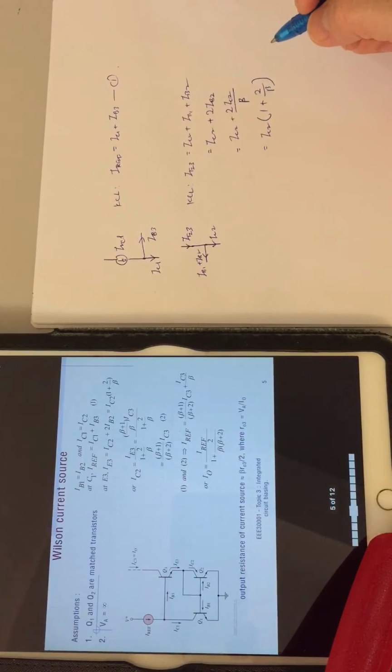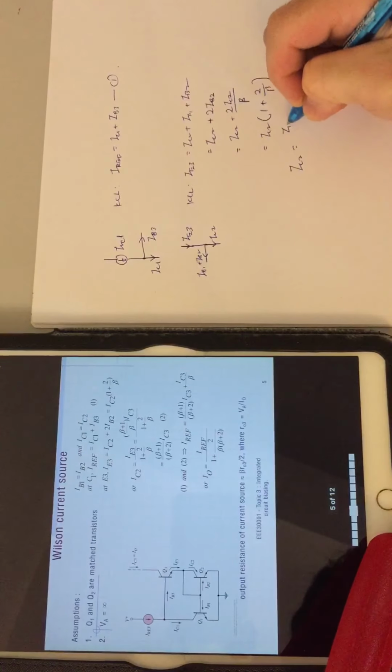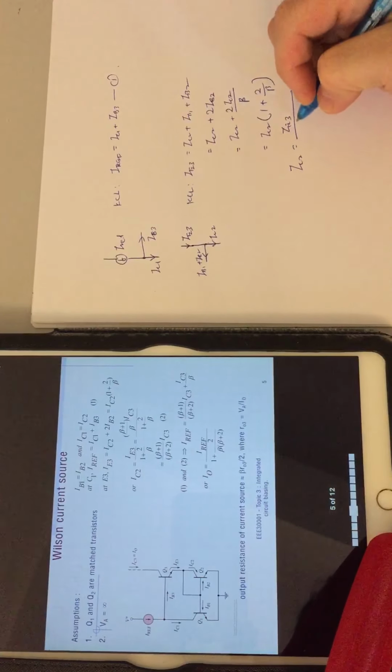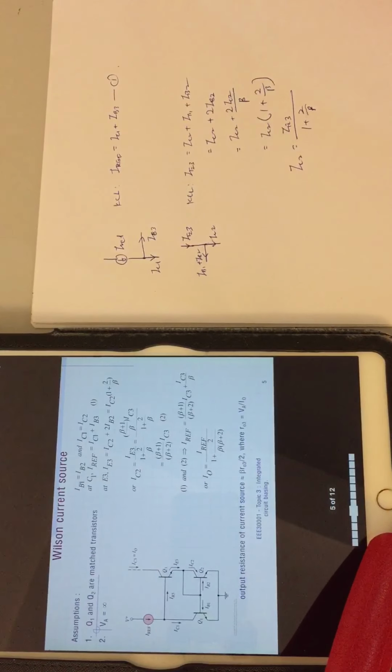So now we want to derive the equation for IC2. It is IE3 over 1 plus 2 over beta. And we convert IE into IC.